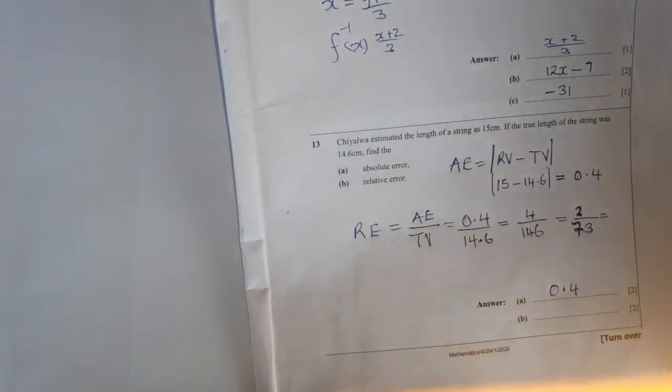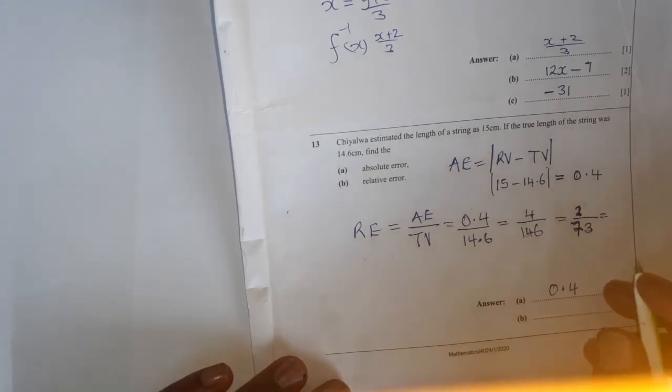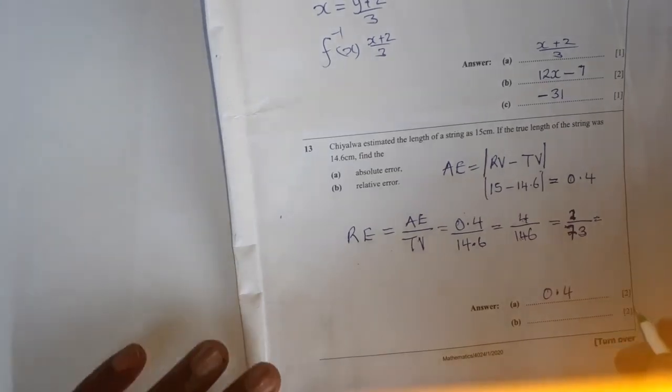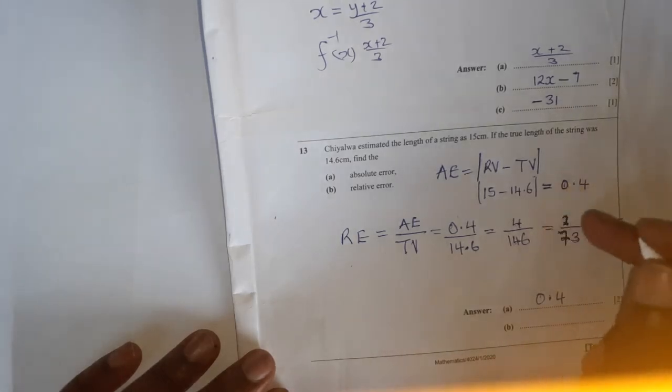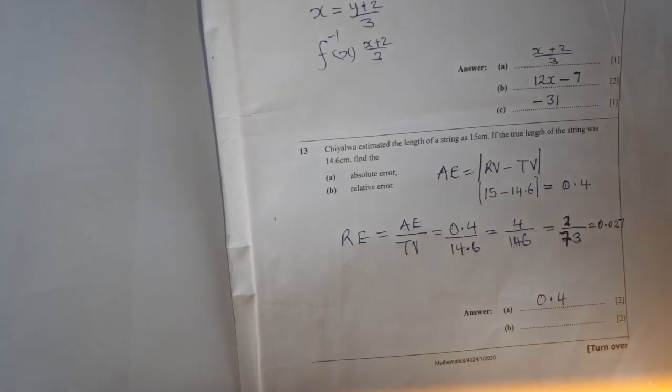Or you can divide it into decimal. When you convert it into decimal, you're going to get 0.027, but you can leave it at this point. You will still get the same answer.